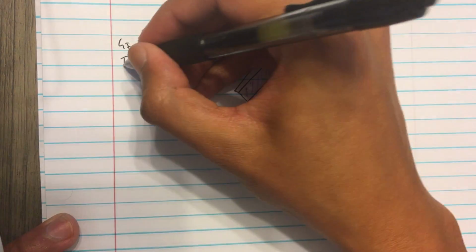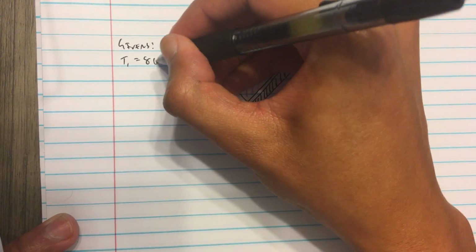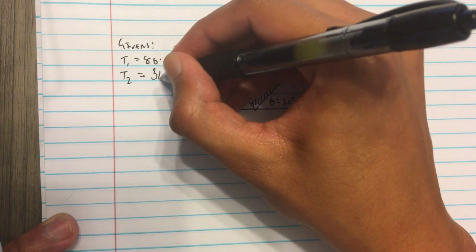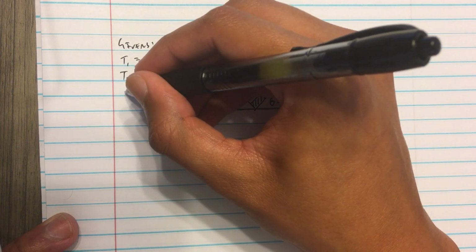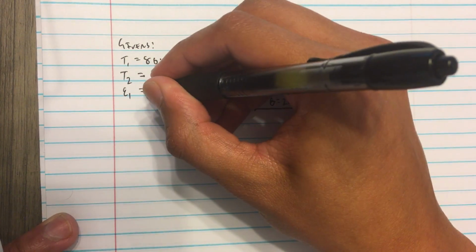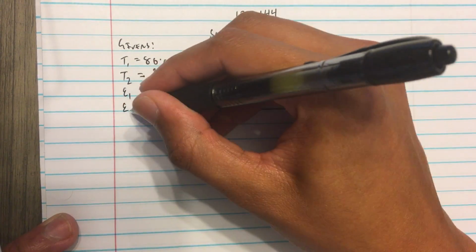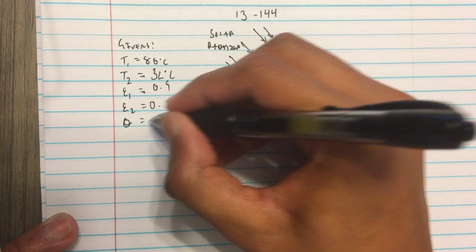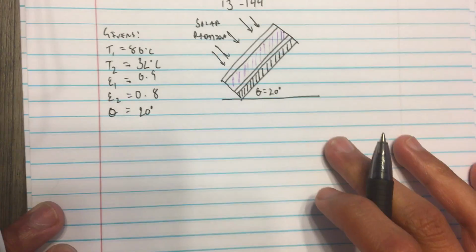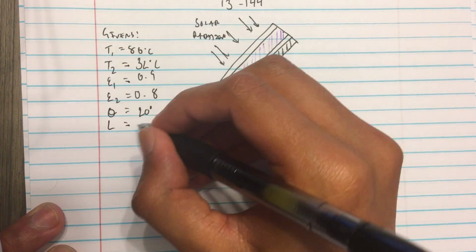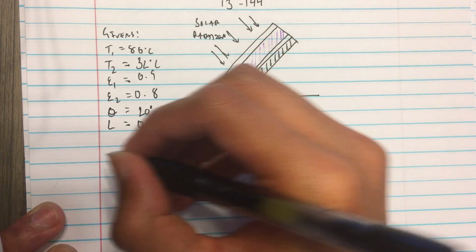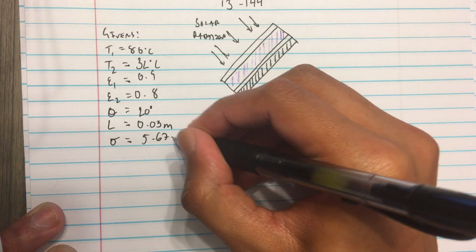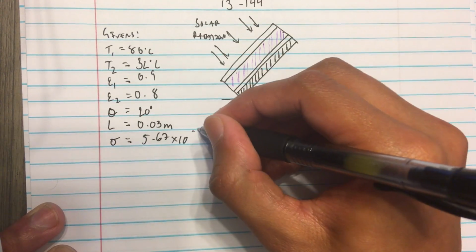And we have T1 is 80 degrees Celsius, T2 is 32 degrees Celsius. Emissivity 1 is 0.9, emissivity 2, 0.8, theta 20 degrees, length 0.03 meters, and sigma 5.67 times 10 to the negative 8.